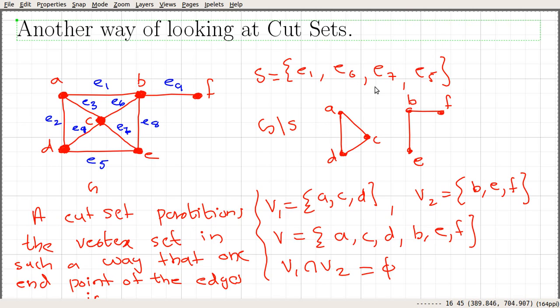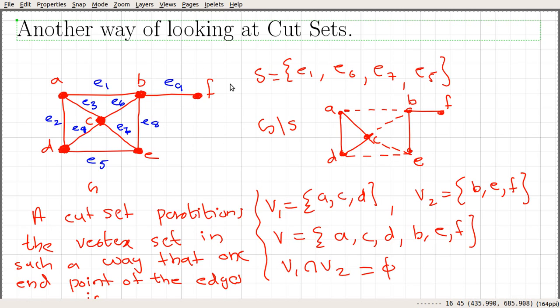In this case, the cut set edges are E1, E6, E7, E5, and here we have these two sets V1 and V2, a partition of V. If we consider E1, one endpoint, A, is in V1 and B is in V2. Similarly, for edge E6, one endpoint is here and the other endpoint is in the other set. The same holds for E7 and E5.